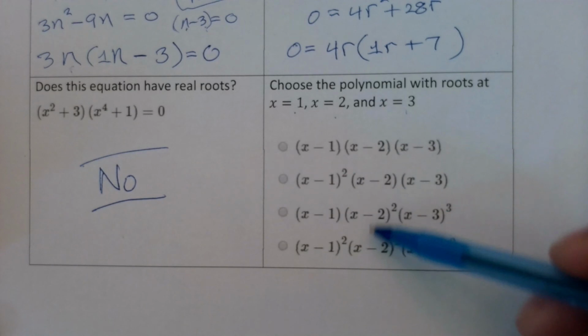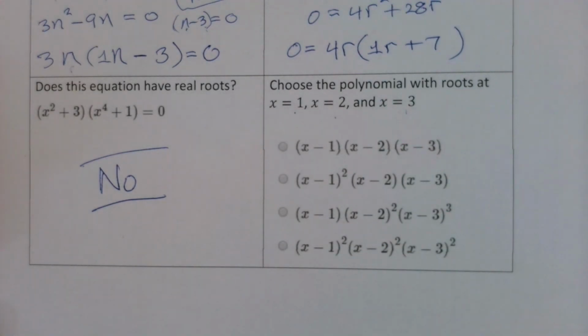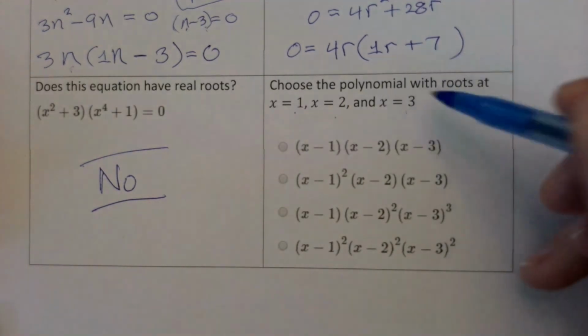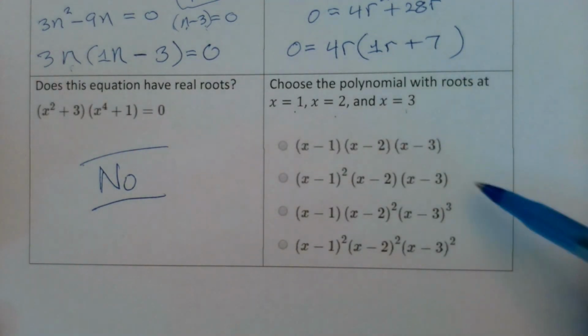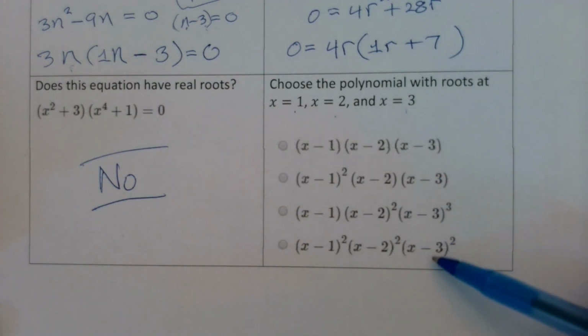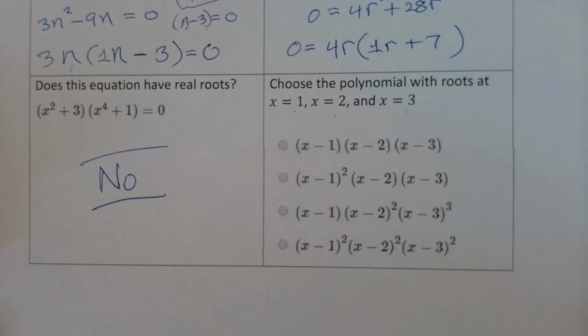Well, these all have x minus 2. Well, if 3 is a root, you would need a factor of x minus 3, and they all have x minus 3. So unless I'm reading this wrong, I think that all 4 of these polynomials have roots at 1 and 2 and 3.